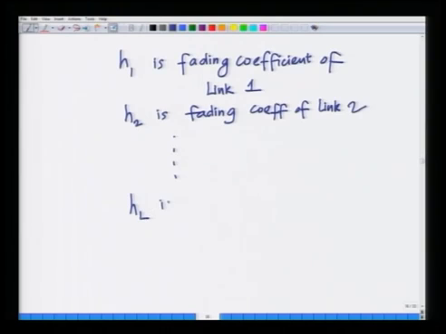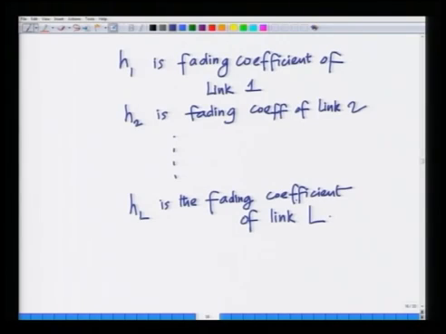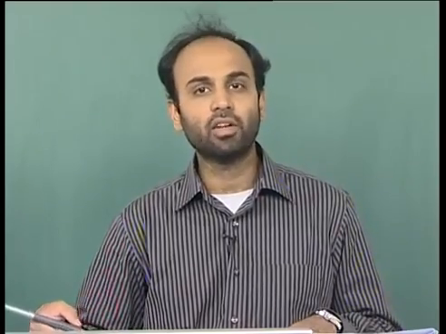HL is the fading coefficient of link L. There are L links, so there are L fading coefficients, because each link is different from the other link and each link is associated with a fading coefficient, which means now there are L links. So, there are L fading coefficients.